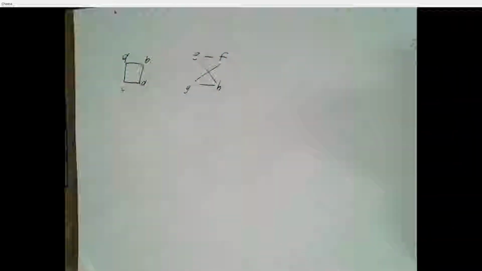So looking at when two graphs were the same. And the basic idea was simply renaming vertices. So if we have a graph like this, and we have a graph like this, right, we know that those are basically the same graph because the position on the paper doesn't matter.